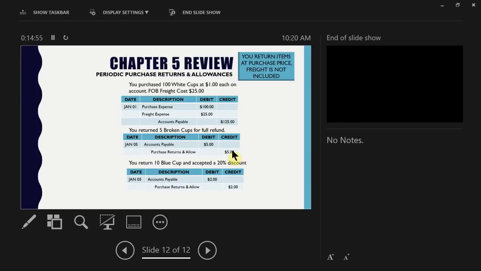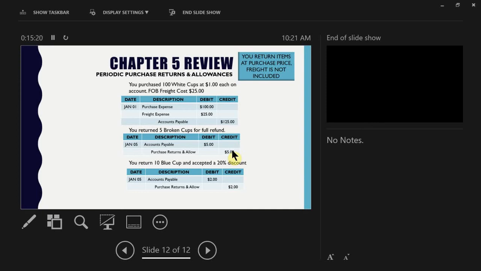Okay. And that is it for chapter 5.2. So we're looking at purchase returns and allowances. The first example that we looked at was a return, a full refund, money back guaranteed refund. The second that we looked at was an attempt for a refund, but you actually got a discount off the original price for those items.